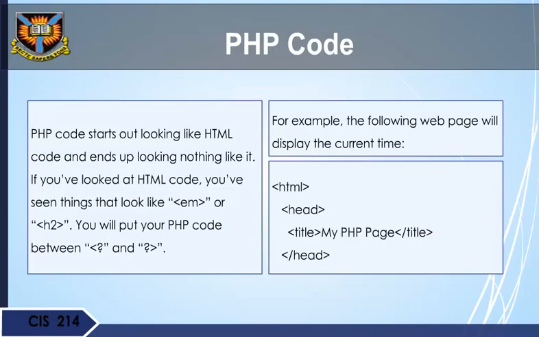PHP code. PHP code starts out looking like HTML code and ends up looking nothing like it. If you've looked at HTML code, you've seen things that look like <html> or <h2>. You will put your PHP code between <?php and ?>. For example, the following web page will display the current time.